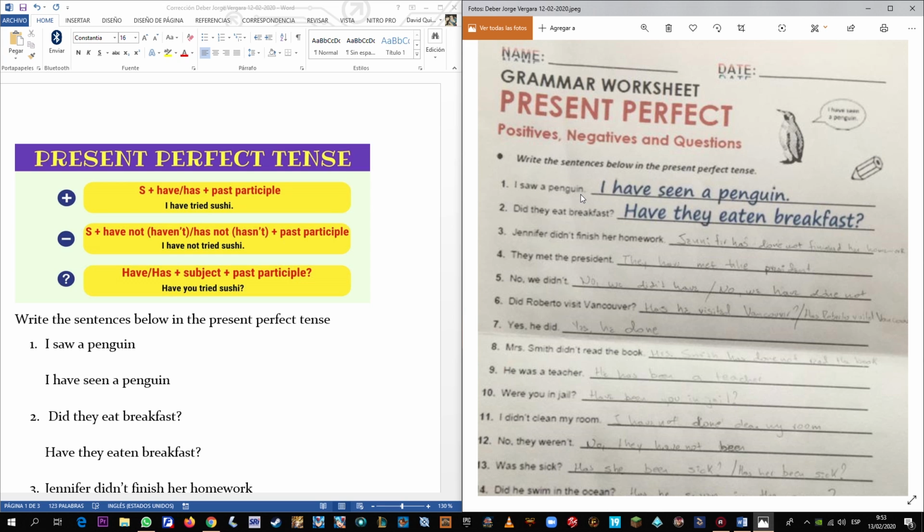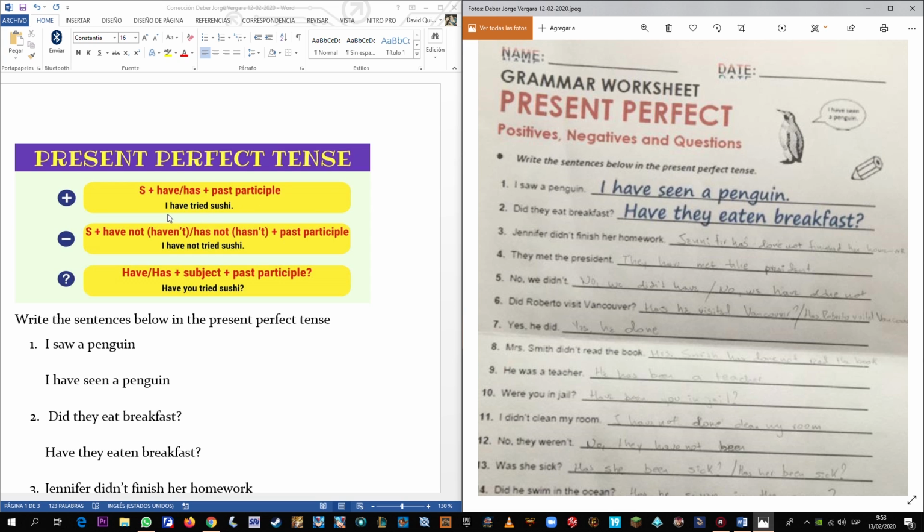So if it is positive, on the left side of our screen we see that the structure for a positive sentence in present perfect is subject plus have or has, depending on the subject, and the past participle of the verb, including at the end the complement, of course.